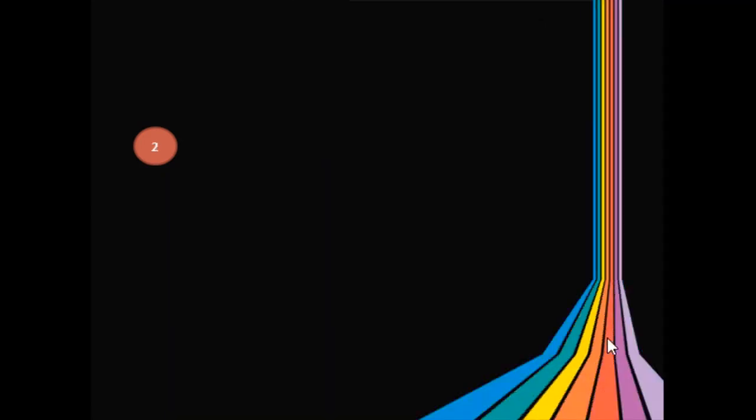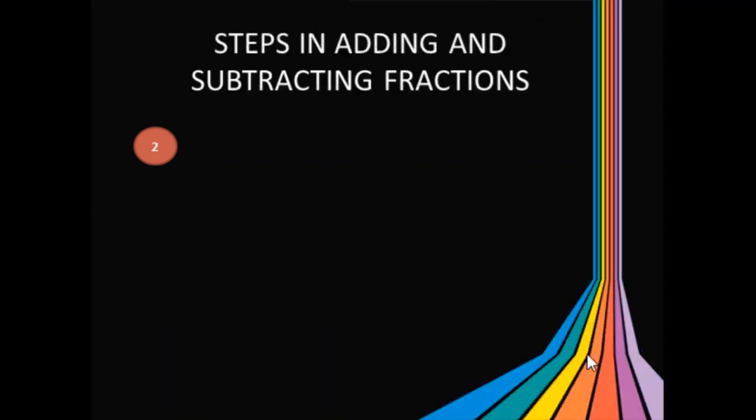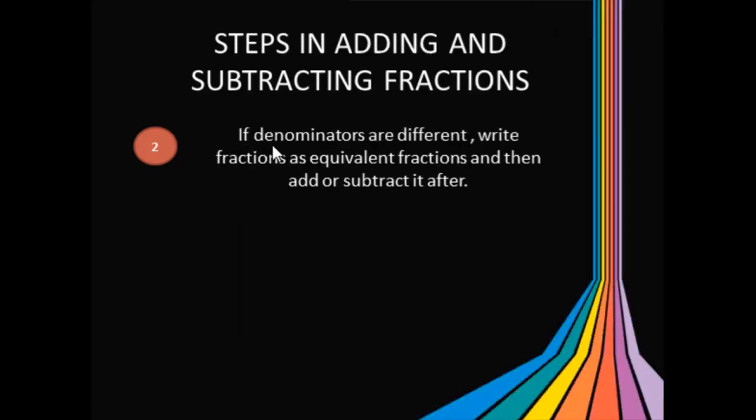Next, step 2. If denominators are different, write fractions as equivalent fractions and then add or subtract it after. Again, I will repeat. If denominators are different, not the same, okay? Write fractions as equivalent fractions and then add or subtract it after.